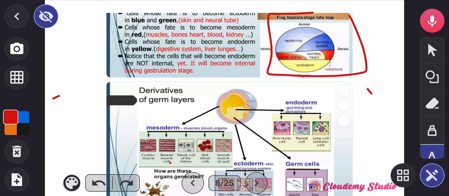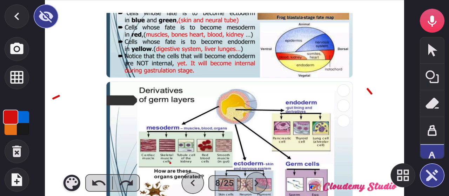I had forgotten that Xenopus is actually a frog. Don't mind me. Now you will notice that these are marked. The cells in blue and green are the skin and the neural tube. The cells that will become the mesoderm are in red. The cells that will become the endoderm are in yellow.